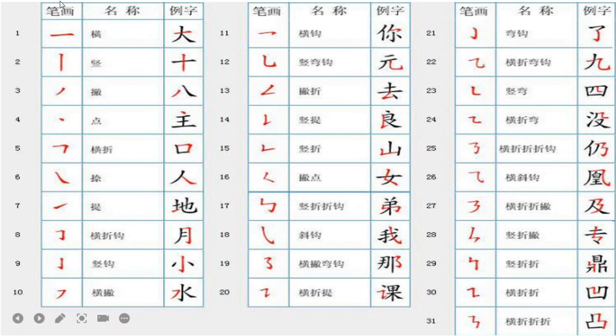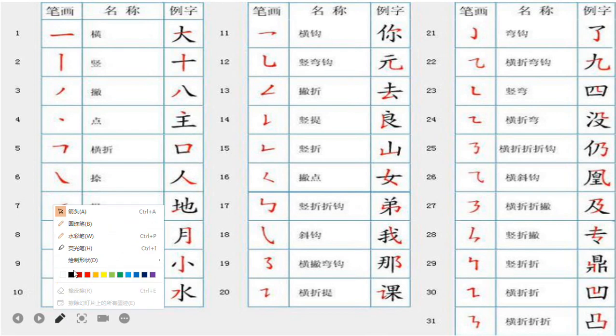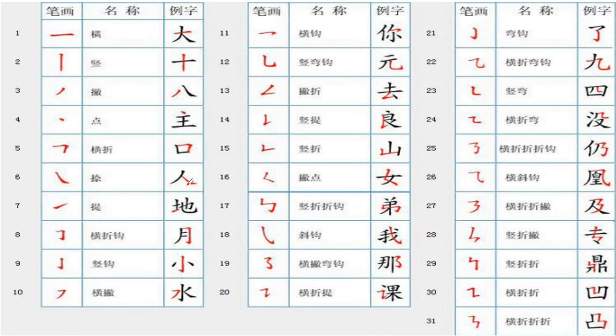And how about this one? 人, look here, we will write 撇, and then 捺. So 撇 precedes 捺.